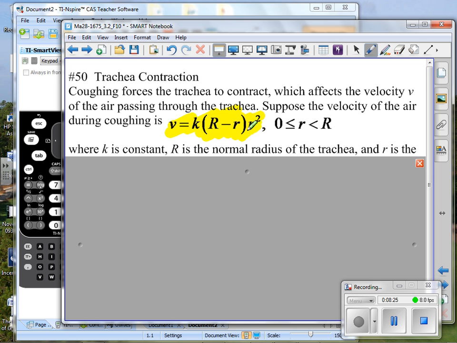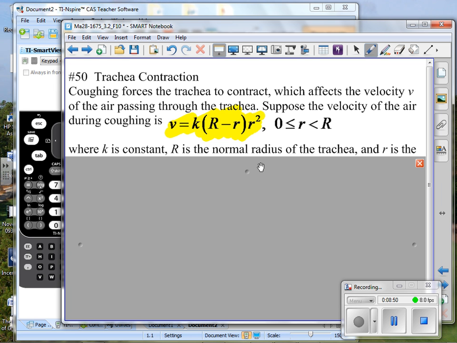What about capital R? Is it a constant? Or is it a variable? Again, your trachea right now has a certain radius. Are you saying that your normal trachea is changing? The radius is changing?